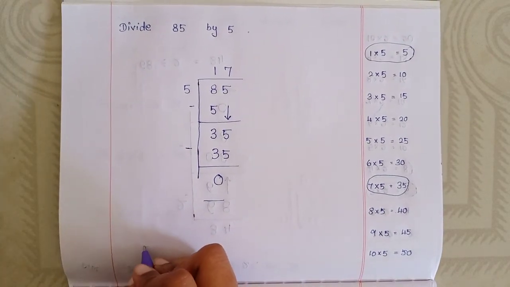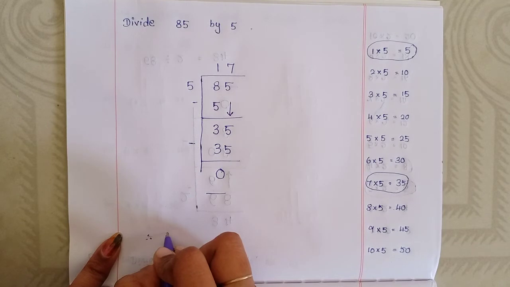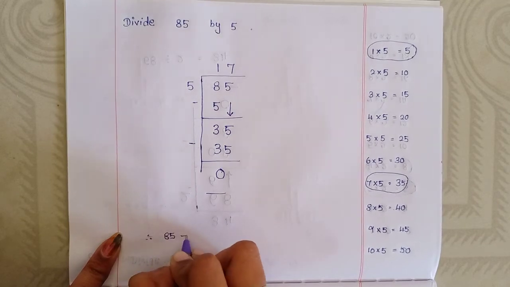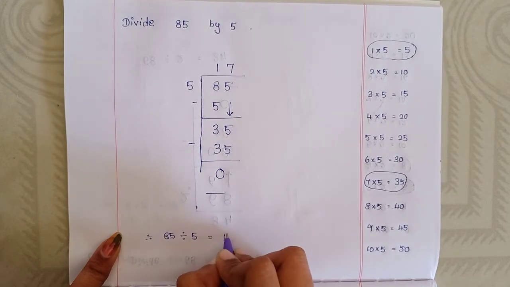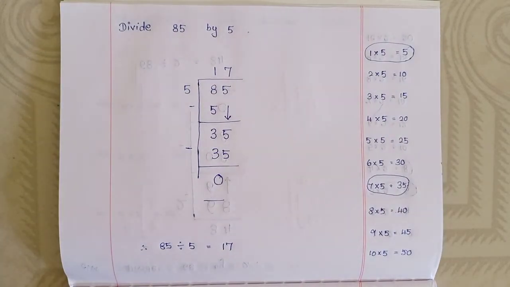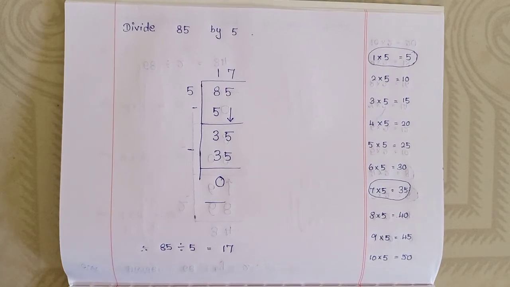You take and write the answer here. Therefore, 85 divided by 5 is equal to 17.